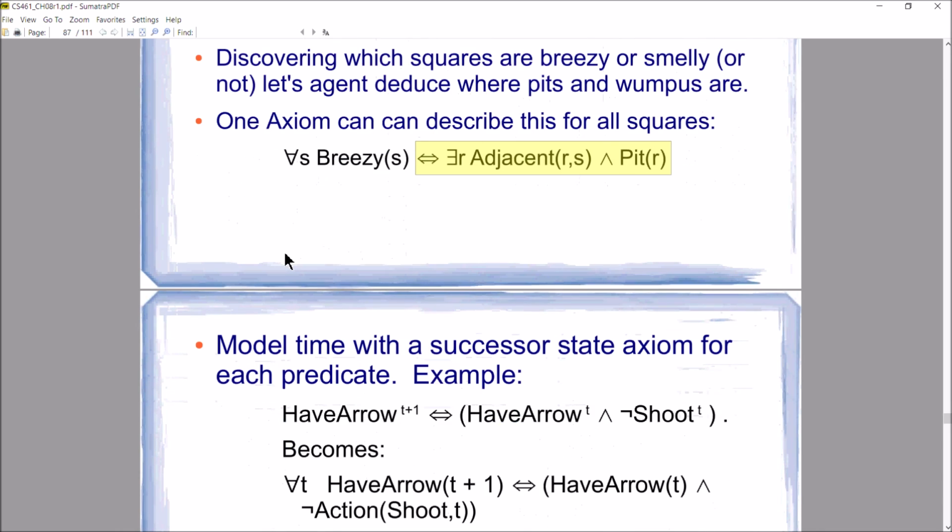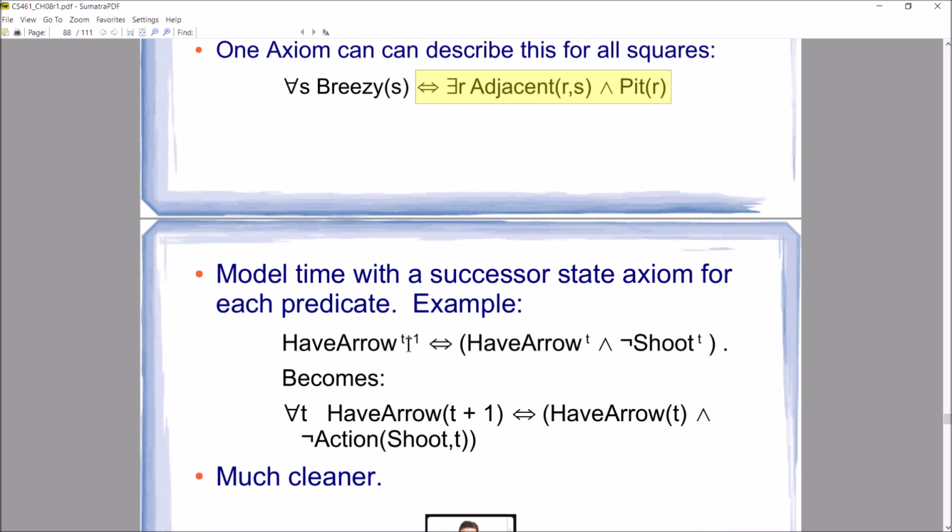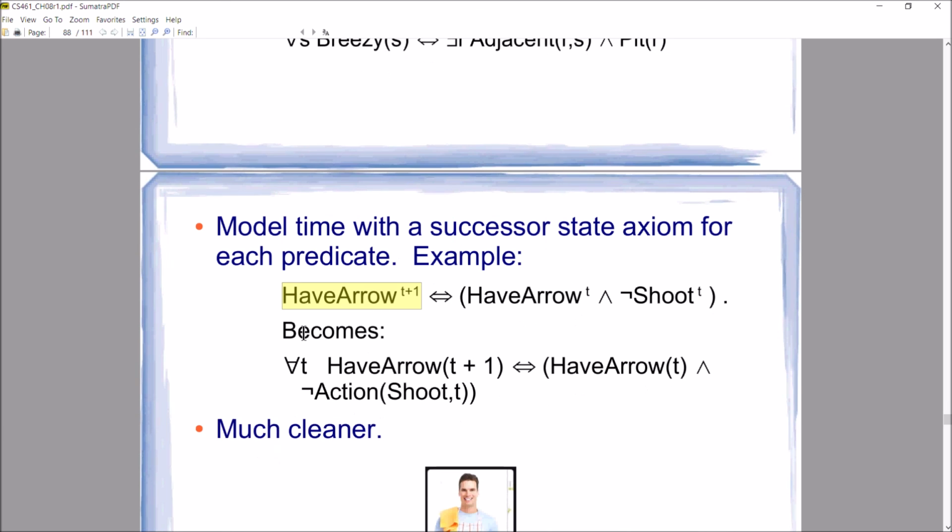You can model time with successor state axioms for each predicate. So take a look at this right here. This was from the propositional logic where we said have arrow at t plus 1 if and only if you have an arrow at t and you didn't shoot at t. Well, instead we can write that using universal quantification in first order logic.